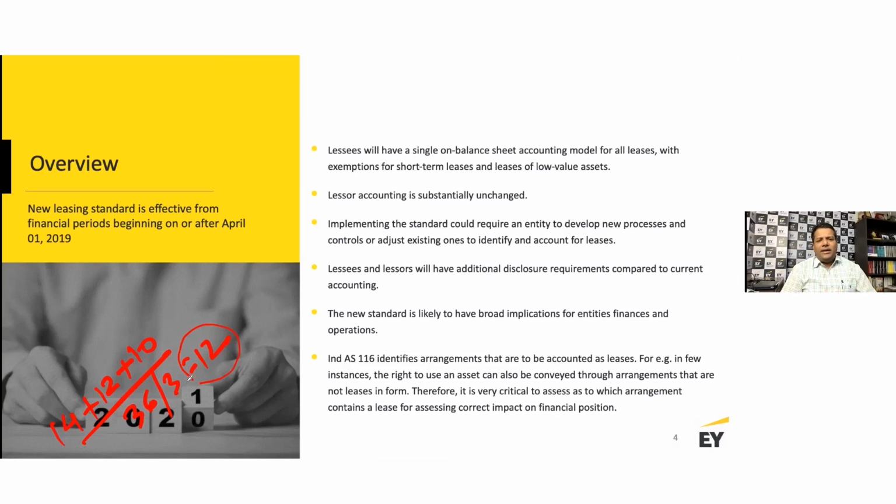Similarly, it identifies arrangements that are to be accounted for as leases. Many times what we see is that there are service arrangements which are not designated as a lease arrangement between the two parties to the contract. But when we look at the substance of those arrangements, the arrangement involves deployment of an asset, and that asset is identified as part of the contractual arrangement, which can be identified explicitly or implicitly.